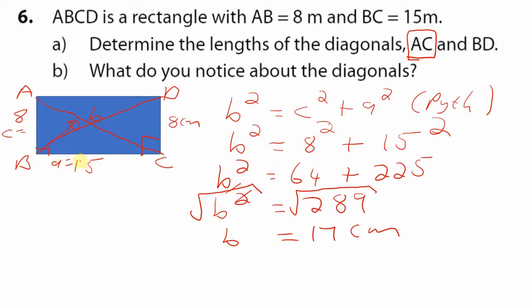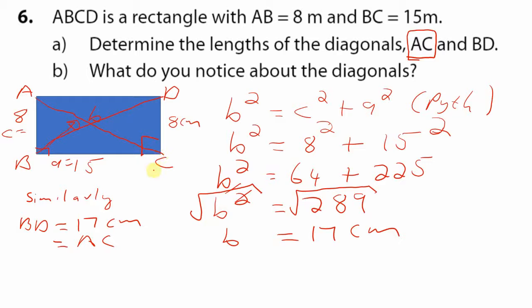Exactly the same ones we worked with previously. So in fact, diagonal BD, similarly, we would be able to say BD equals 17 centimeter, which is equal to AC.